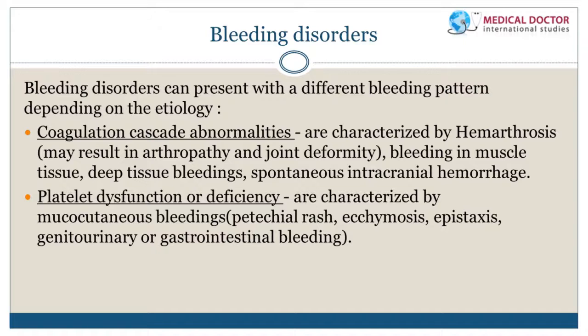Abnormalities of the coagulation cascade are going to be associated with deep tissue bleeding, bleeding into joint spaces, which would cause hemarthrosis and in the end can lead to arthropathy and even deformity. We can see spontaneous intracranial hemorrhage as an abnormality of coagulation.